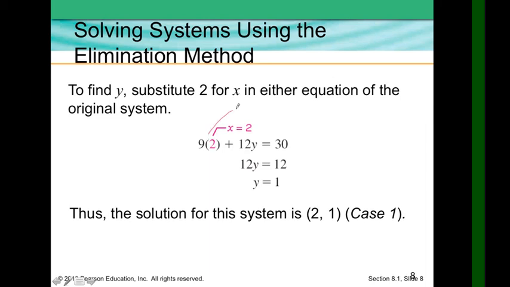And then 18 becomes negative 18 because we transpose it. 30 minus 18 is 12. Then divide both sides by 12, so we will have y equals 1. So the solution to the system will be 2 and 1. This is one solution, and that is the point of their intersection.